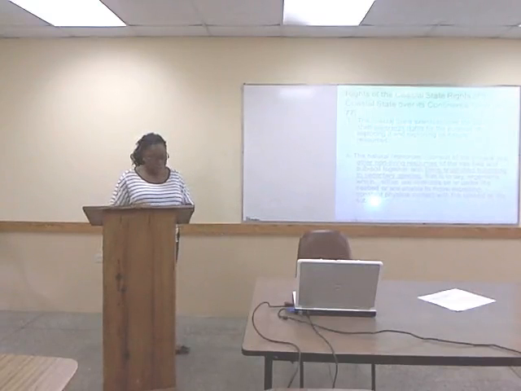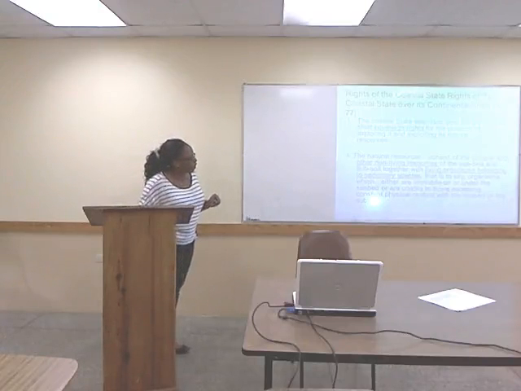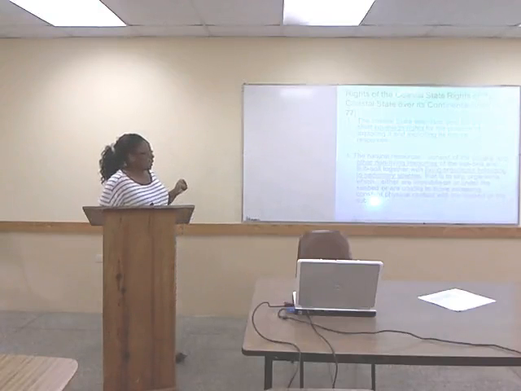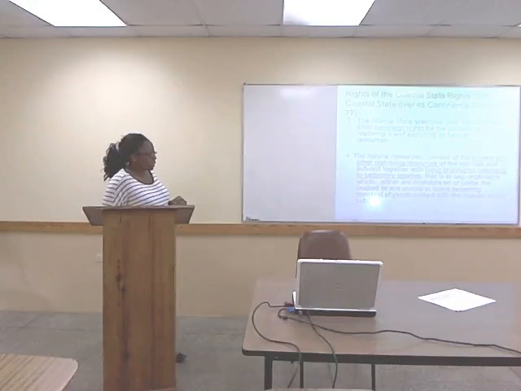Now the two areas that I'm going to focus on from Article 77 is one, which speaks specifically to the sovereign rights that the coastal state has over its seabed in terms of exploring its natural resources.